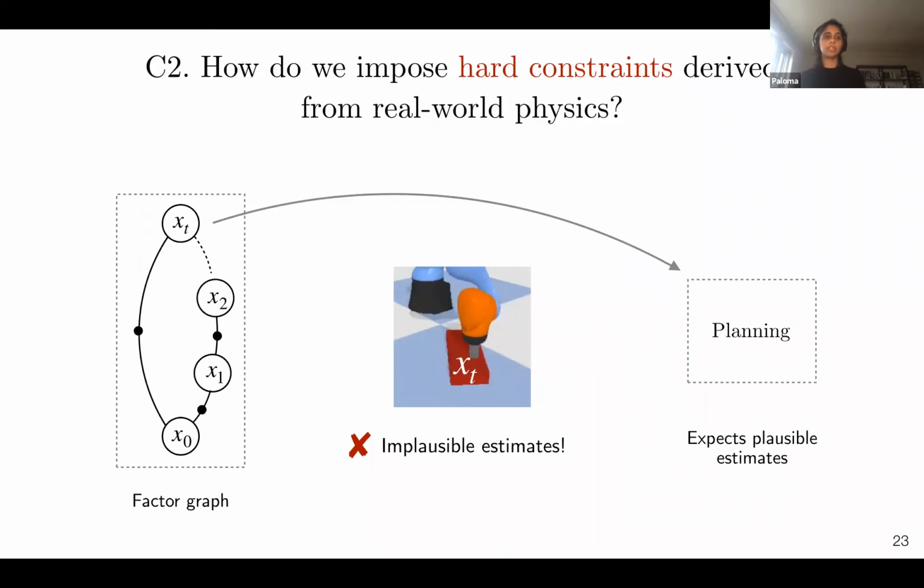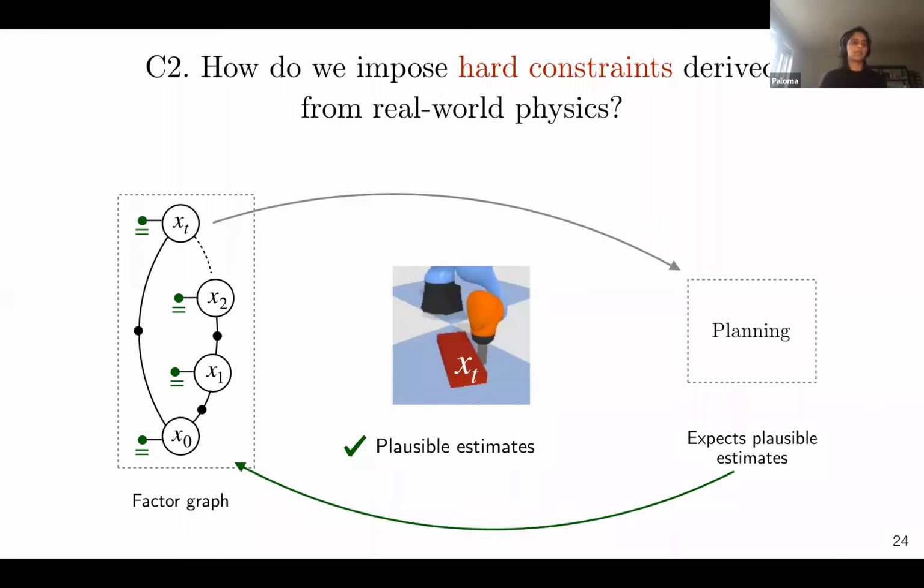And this information becomes especially critical when estimates are being used downstream by a planning module that expects these estimates to satisfy some physics constraints. However, existing incremental solvers can only solve for unconstrained objectives. So the question that we want to look into here is, can we extend these incremental methods to also incorporate hard equality and inequality constraints?